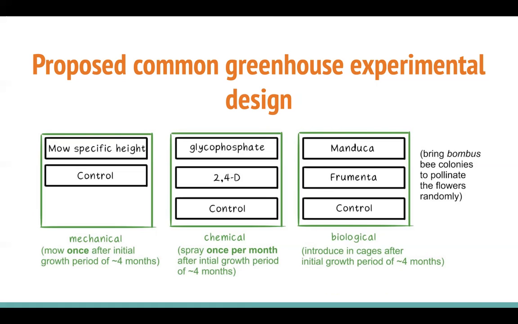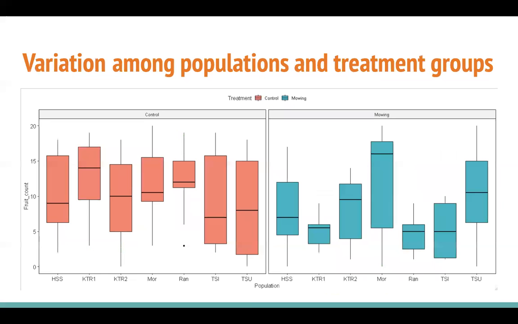So we created expected results from this, and this is what we thought we would see. Our mock data shows that we expected to see high variation among the populations. This is due to population site, treatment, and phenotypic plasticity. The performance traits we analyzed were significantly affected by both the treatment group type and the population site.